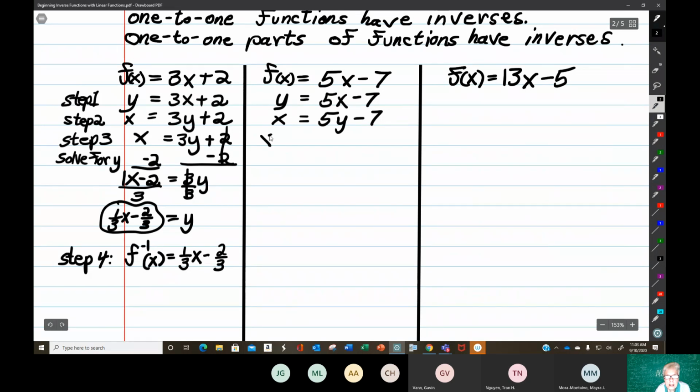We're going to have x plus 7 equals 5y minus 7 plus 7, to make the 7 be a 0 over here. 7 minus 7 is 0. So I add it over here, I have to add it over here. Be careful.